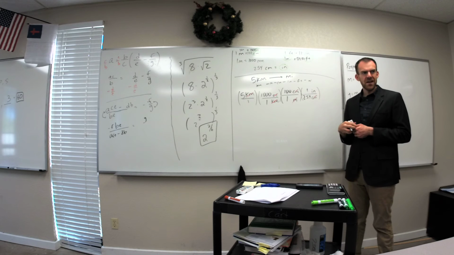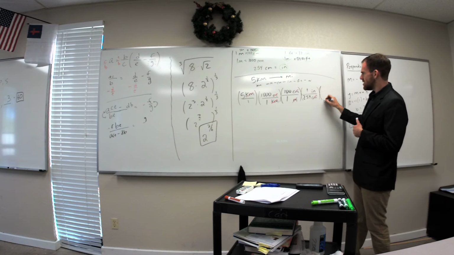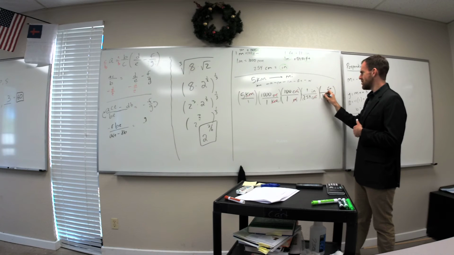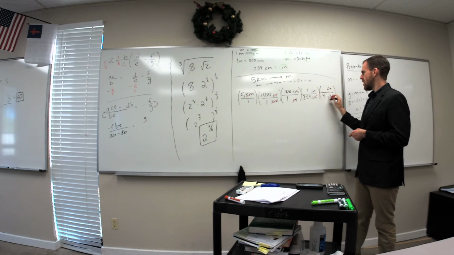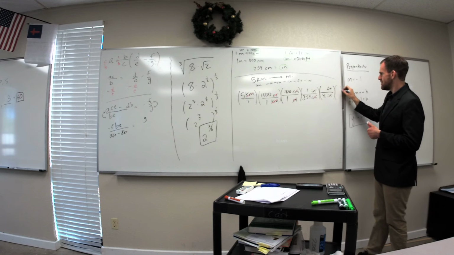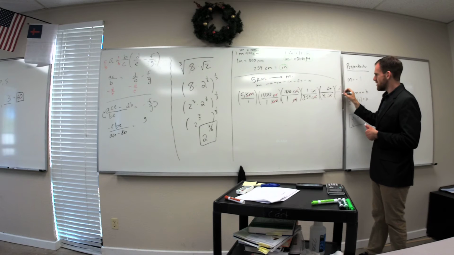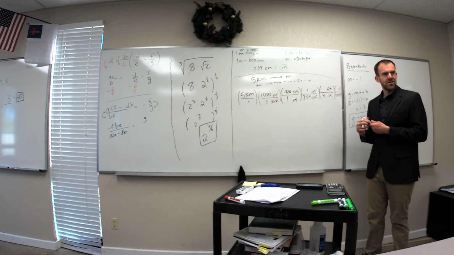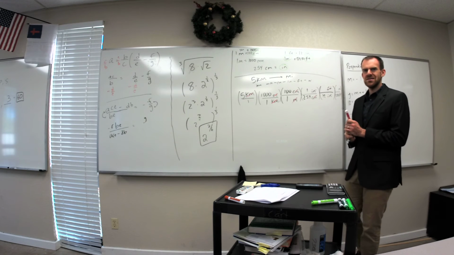Okay, inches to feet. Inches goes on the bottom because I need it to cancel. Okay, feet to miles. Miles goes on the top because it's what I want. What goes on the bottom? Feet, because I don't want that. I like the 2 that I have, but I don't want any additional.